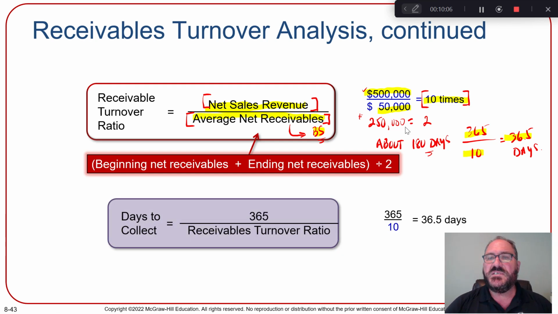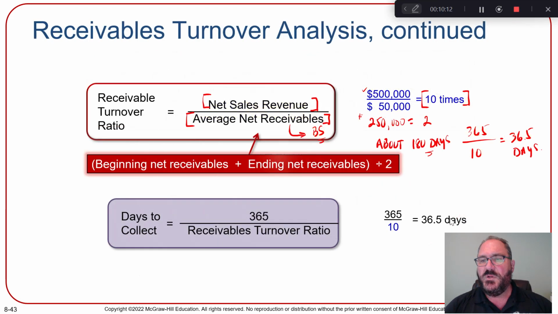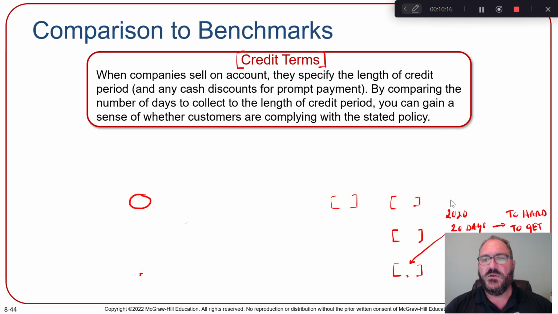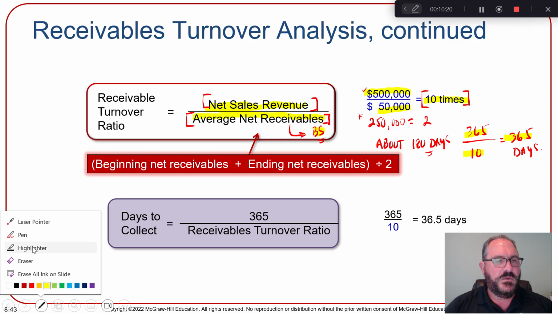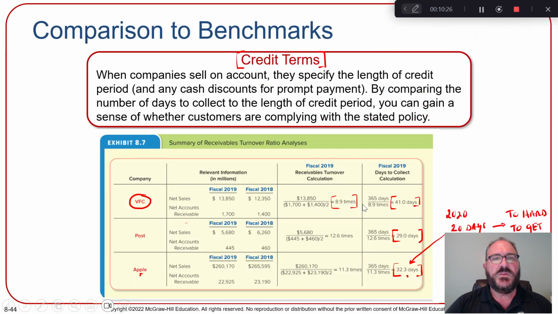So again, this is just a number. This 10 times tells you the number of times in a year. And in this one, it converts it into days, okay? All right, now again, we're comparing credit terms and benchmarks. So you're looking at different companies here.